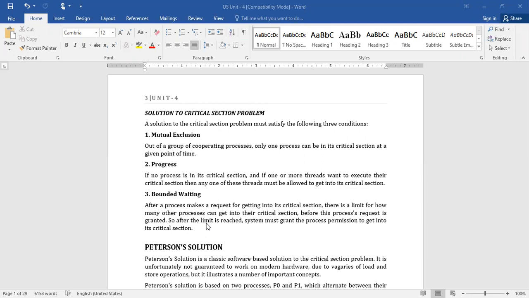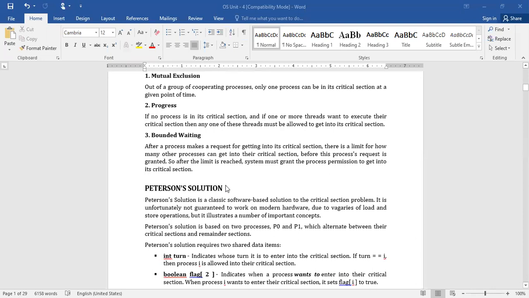Don't worry, we'll see it elaborately while discussing other mechanisms. So these are the three important conditions that need to be satisfied by any solution implemented to address the critical section problem.